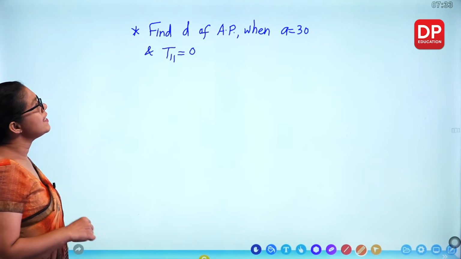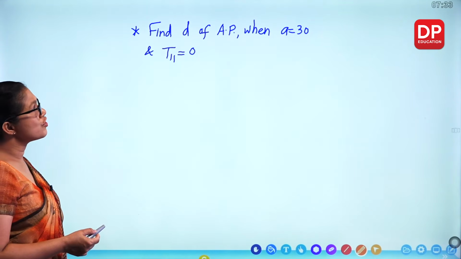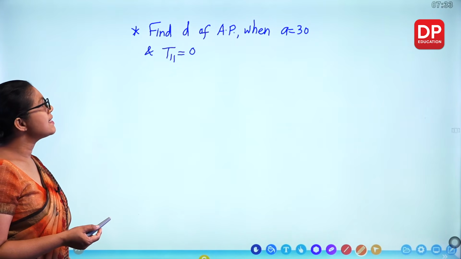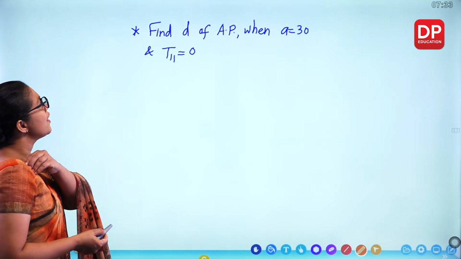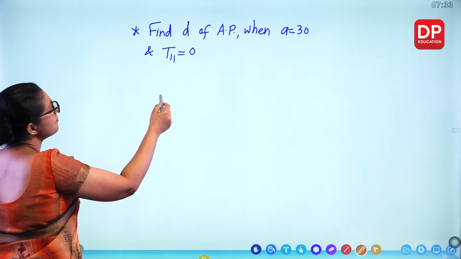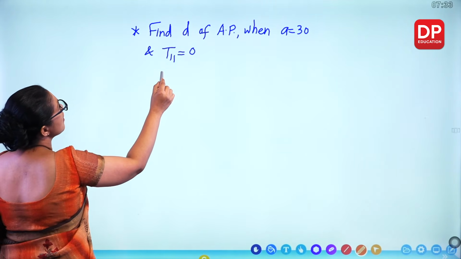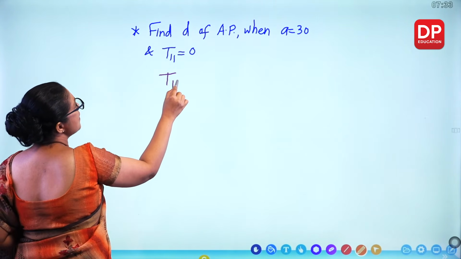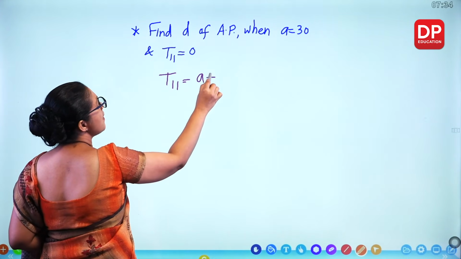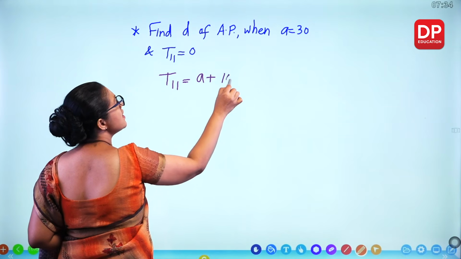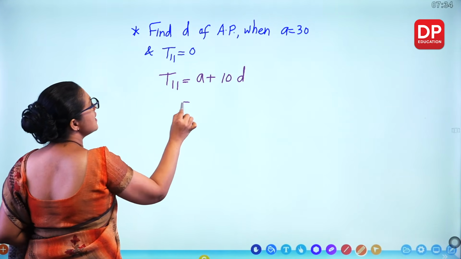This one: find the difference of an arithmetic progression when the first term is 30 and the 11th term is 0. So we'll try to find that out. T11 now. What's T11? First term plus 11 minus 1, 10D.